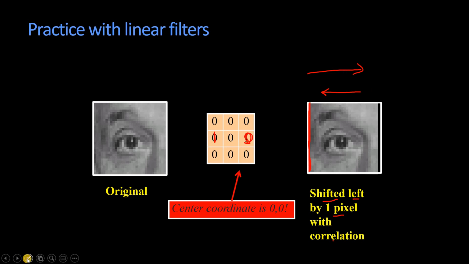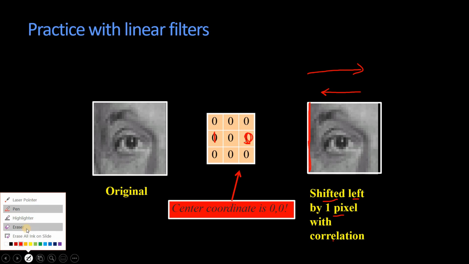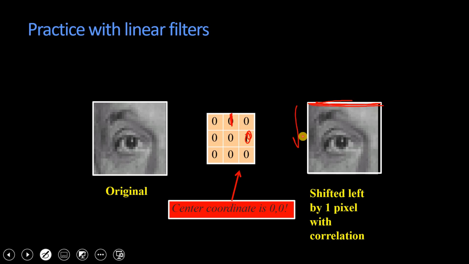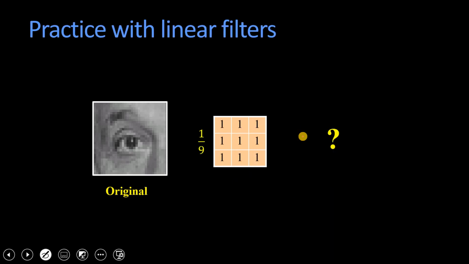Now another question. If this is 0 and I put 1 over here, what will happen? Exactly, there will be a black row of pixels over here and the whole image will be moved downward. That's what I wanted to show you. We will try it in the lab work.